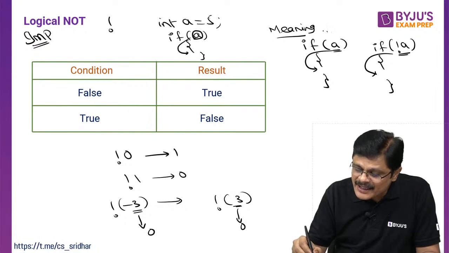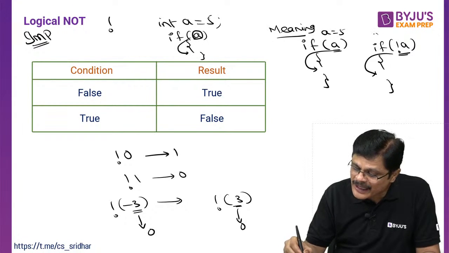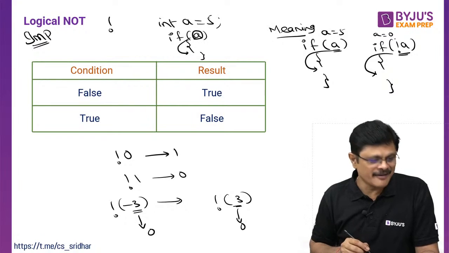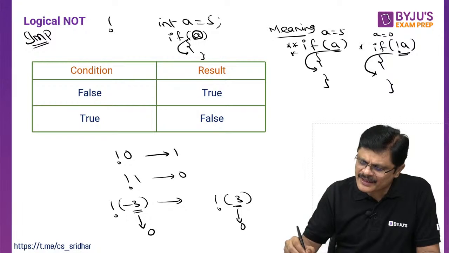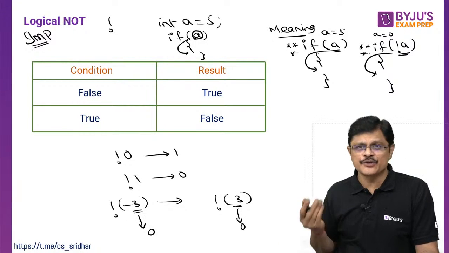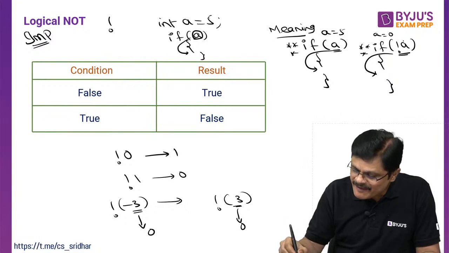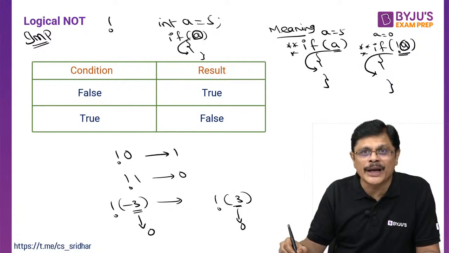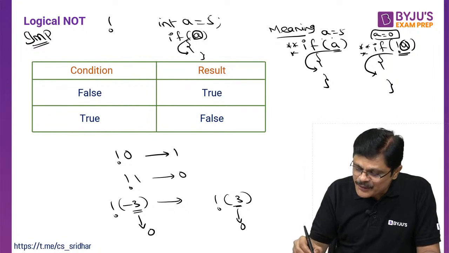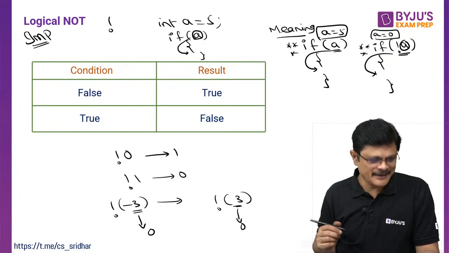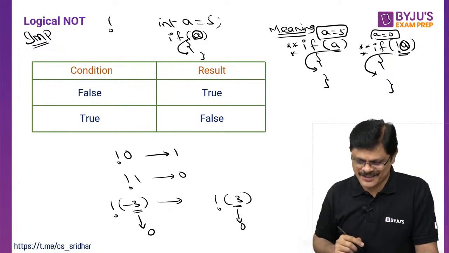Here you enter when a is non-zero. Here you enter when a is equal to 0, my dear friends. This is one of the important kinds of expression which we regularly use. Of course, when we discuss selection structures, we discuss it in more detail. See, when a is 0 and you want to enter, you write not of a. Then you enter for the 0 value of a. And here you enter for a non-zero value of a, for that particular block. Okay, we discuss more about it when we talk about selection structures.